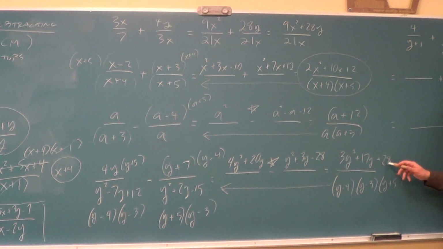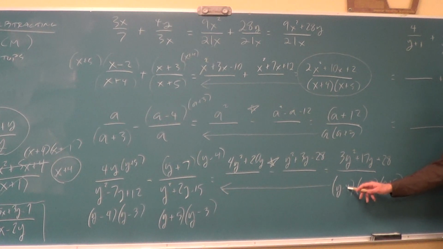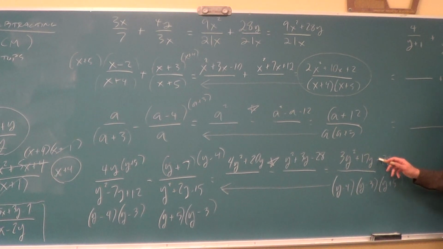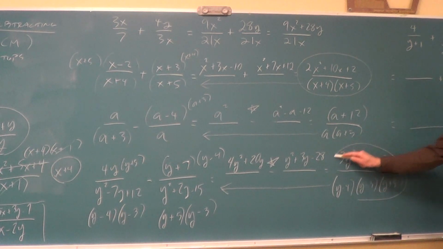Any chance this could be? No, because that's not going to work for that. Any chance that 4 could do a 28? Yes. Any chance that a y minus 4 is part of this? No, because the signs would have to be plus. So just get out of there. That's the best we can do. There's no chance to cancel, so don't factor.